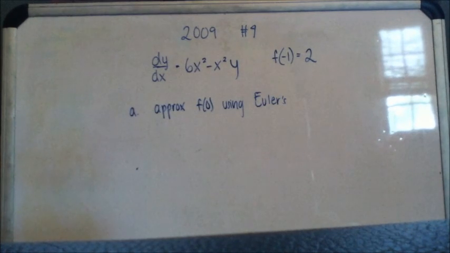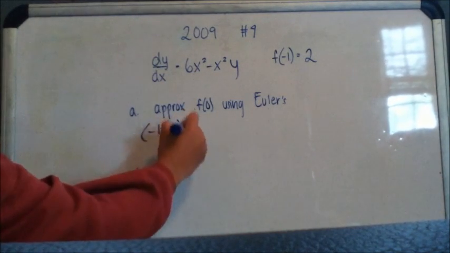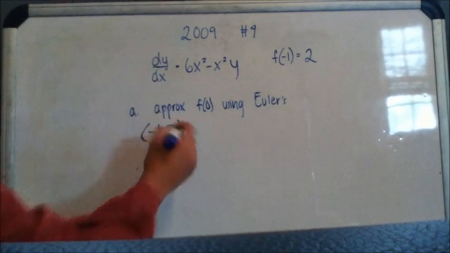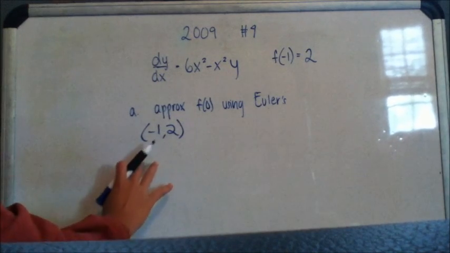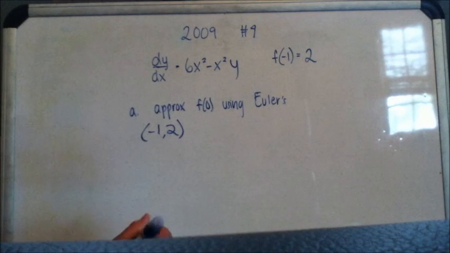And part A states that you need to use Euler's method with two steps of equal size starting at x equals negative 1 to approximate f of 0 and show the work that leads to your answer. So our first step, we know that there's a point negative 1, 2, and we're going to use point slope form to get that first equation using Euler's method.